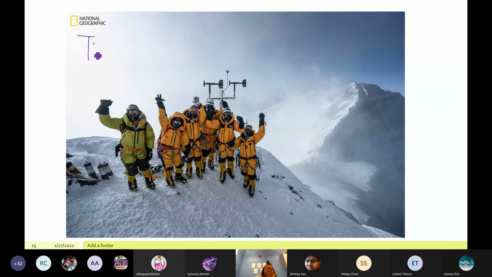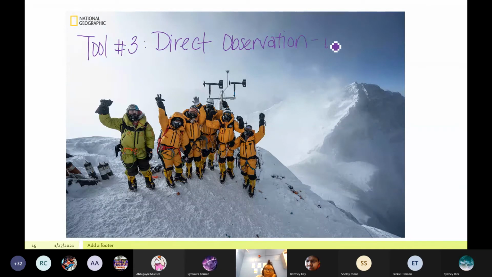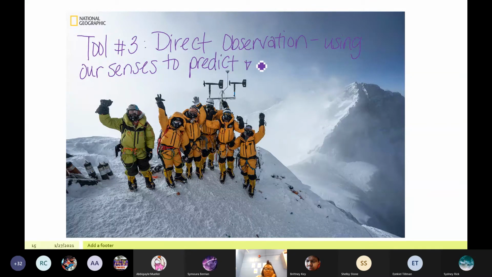In other words, using some of our senses to predict and describe weather conditions.